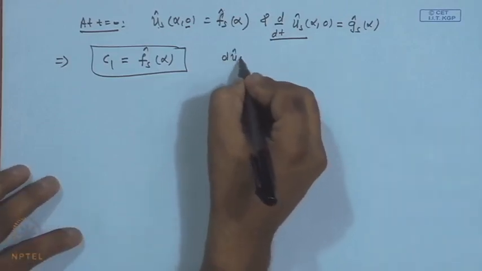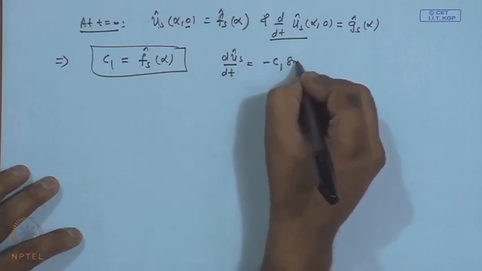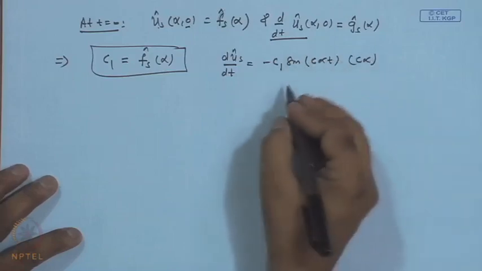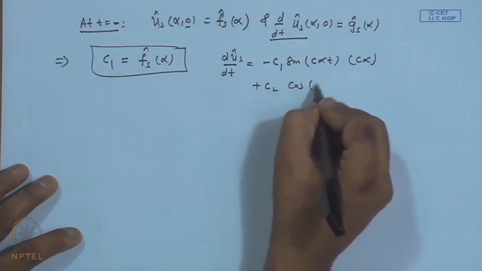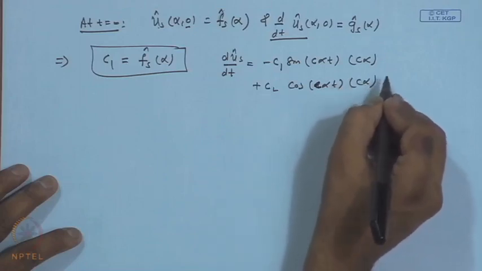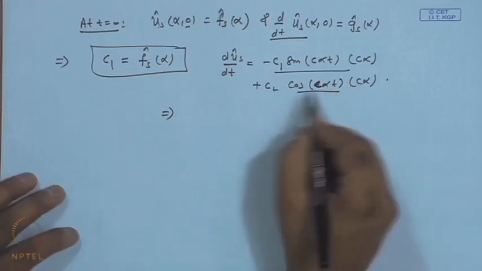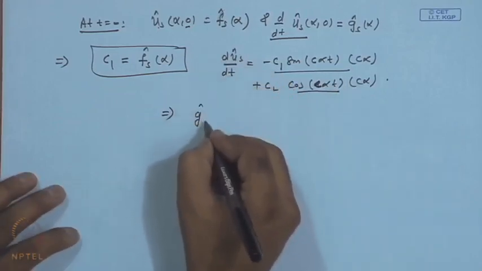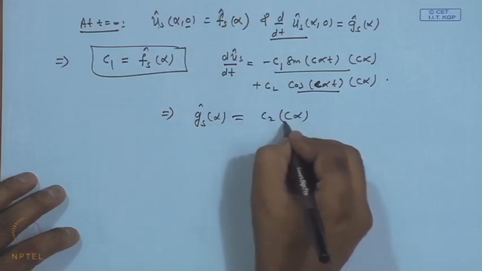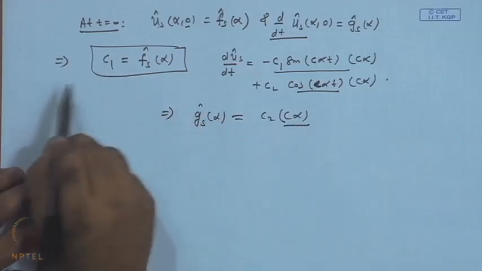So, we have d u_s hat over dt is minus c1 sin(c alpha t) times c alpha plus c2 cos(c alpha t) times c alpha. If we put t equal to 0, this will disappear, this is 1, and g_s hat(alpha) is equal to c2 times c alpha. So, c2 is g_s hat(alpha) over c alpha, and c1 is this.